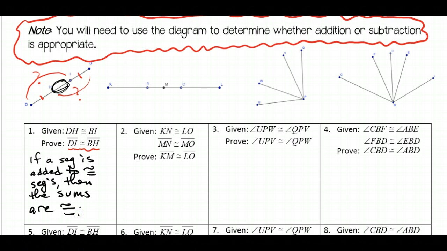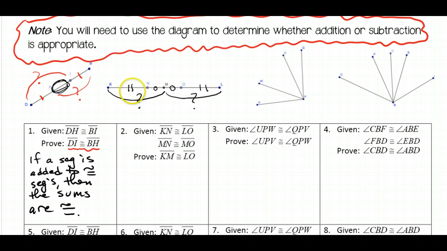Let's take a look at number 2. I've got KN is congruent to LO, and I've got that MN, so this little segment here, is congruent to MO, and I want to prove that this big segment here is congruent to this big segment here.